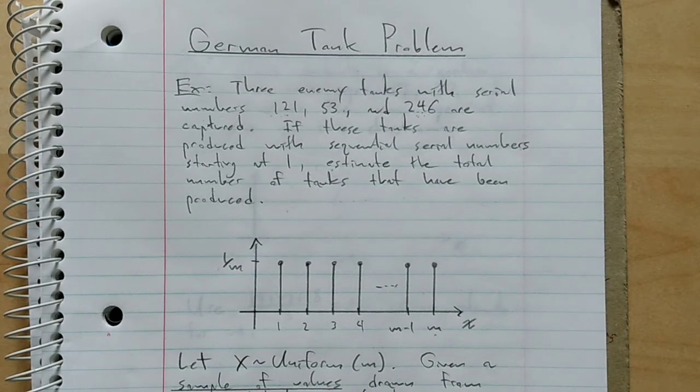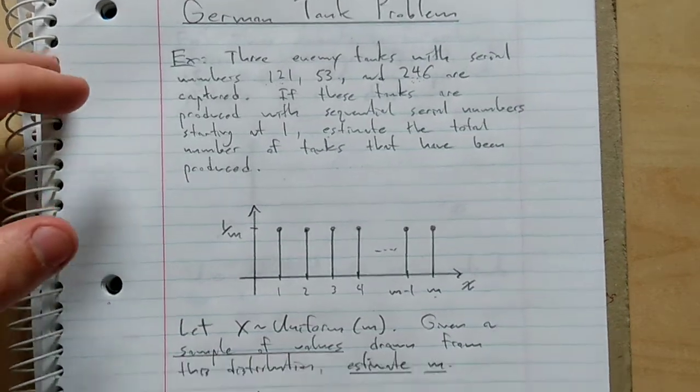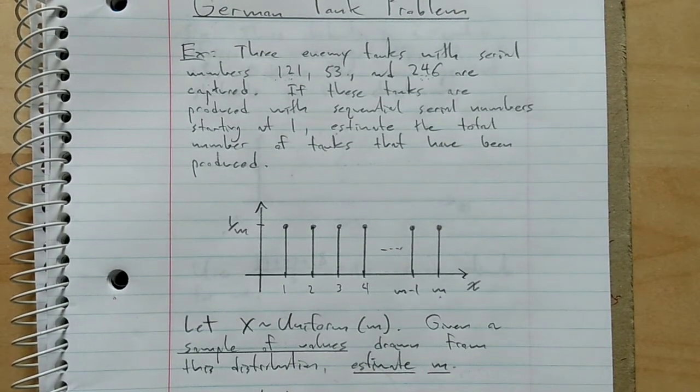If I just give you the number out of nowhere, there's no way of evaluating that. I would have to know more information. If it turns out there are 315 tanks of this type in total, that's a pretty good estimate because 311 is close to 315. It's a really good estimate. But I don't know the total number of tanks that have been produced. That's the whole point. That's why I'm estimating.